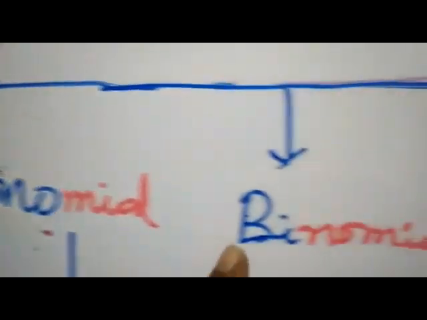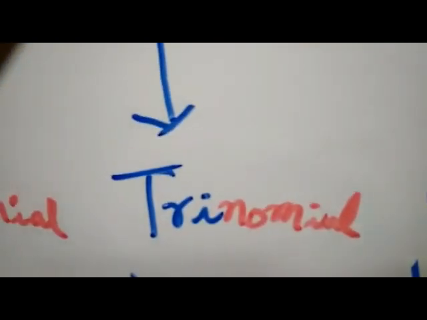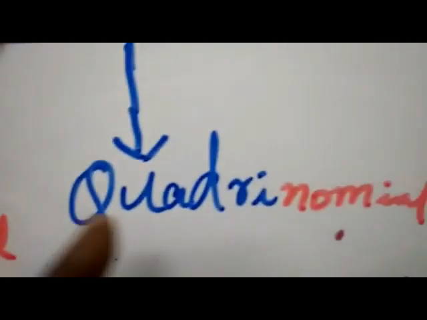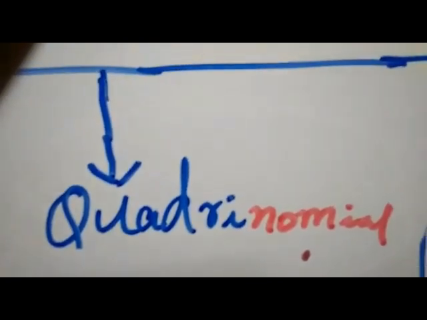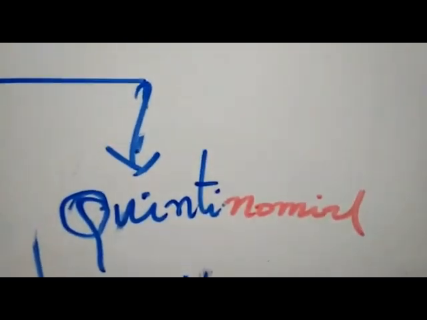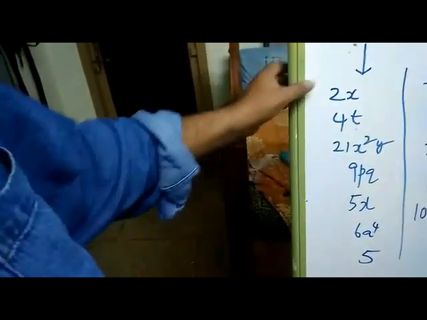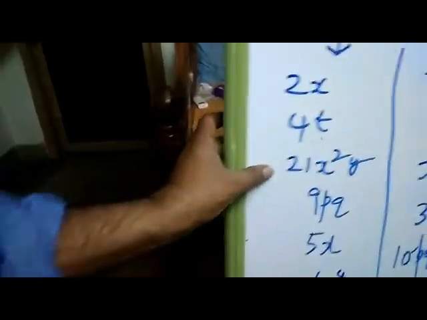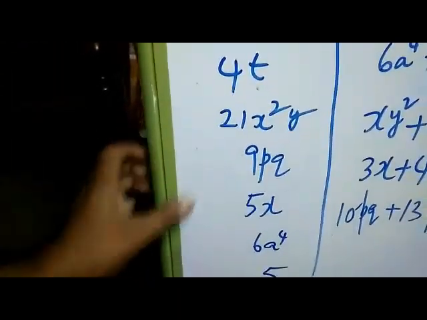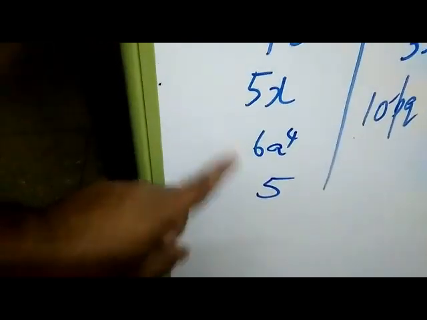Mono means one, that's why one term. Bi means two, that's why two terms. Tri means three, that's why three terms. Quadri means four, that's why four terms. Quinti means five, that's why five terms. Here, monomial, already given examples: 2x, 40, 21x square y, 9pq, 5x, 6a to the power of 4, 5.